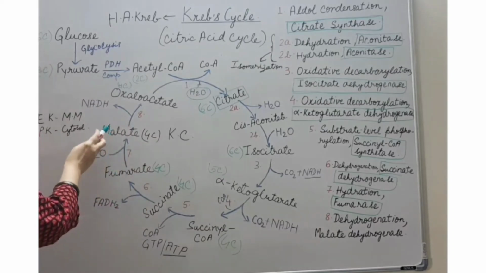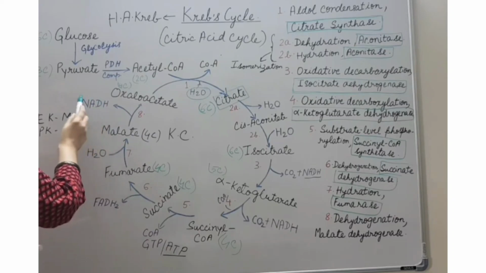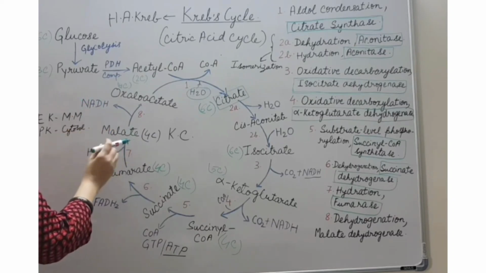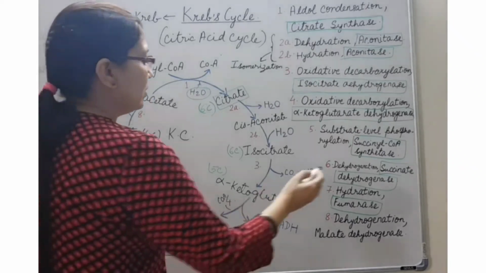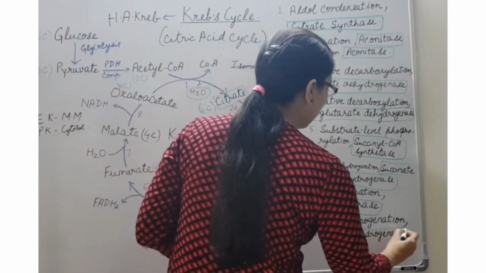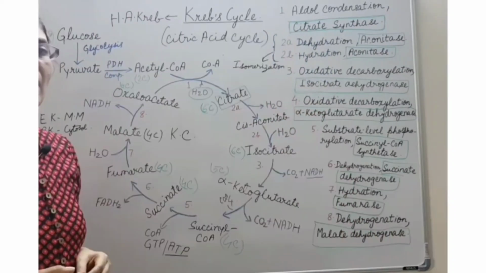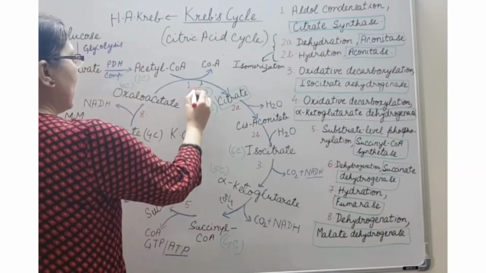That means a hydrogen atom is taken by NAD plus and it is reduced to NADH and malate is oxidized. It gives oxaloacetate. This is a 4-carbon compound. The reaction is dehydrogenation and the enzyme that is involved is malate dehydrogenase. And this completes one turn of the Krebs cycle.